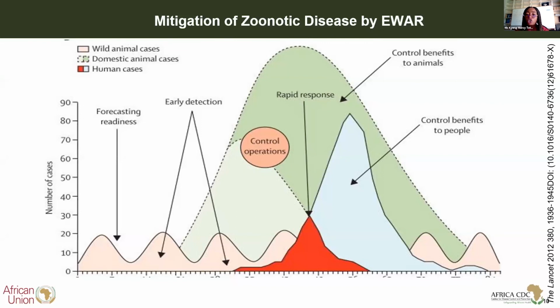Because of time, I might not be able to explain this in detail, but if you can see the darker green color, you see the control benefits to the domestic species. So a huge number of animals would have been saved, and you also see the blue, the control benefits to the human population, and this is really what we are looking forward to having. Next slide, please.